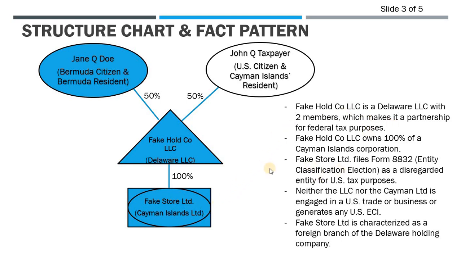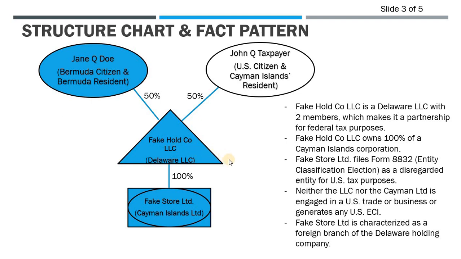All right. Now, the Cayman Islands entity down here is 100% owned by the Delaware LLC, which is taxed as a partnership for federal tax purposes. This entity files an election to be treated as a disregarded entity for U.S. tax purposes. That is really important, and the reason why is because that changes the tax reporting for the entity up here.